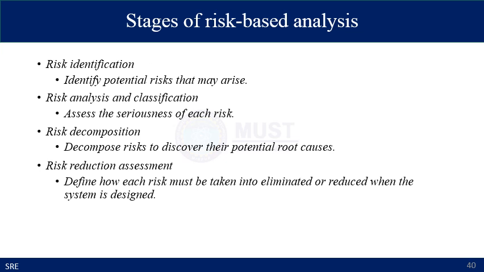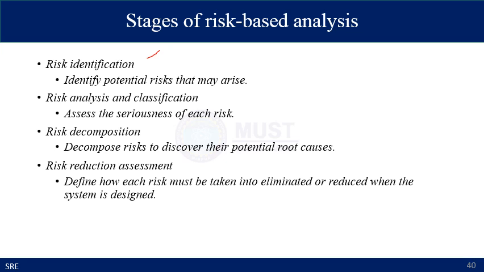So there are different stages of risk-based analysis. Again, it starts from risk identification, with the identification of potential risks that may arise, and then you have to analyze and classify risks with respect to the seriousness of each risk.